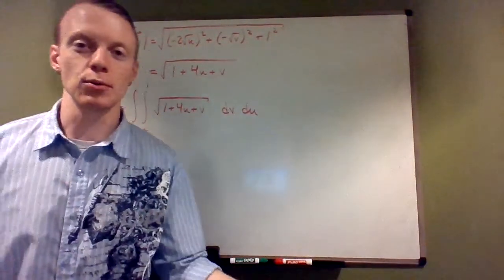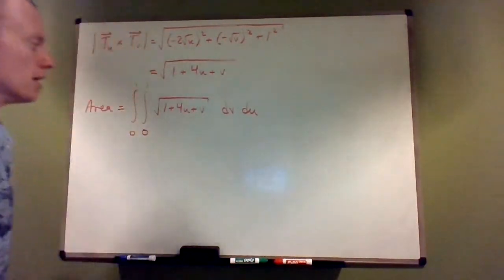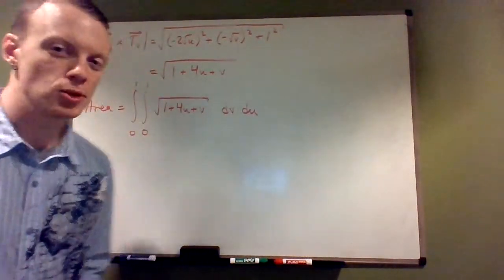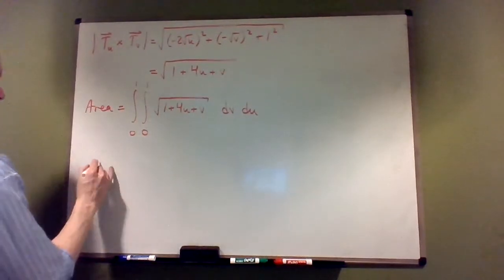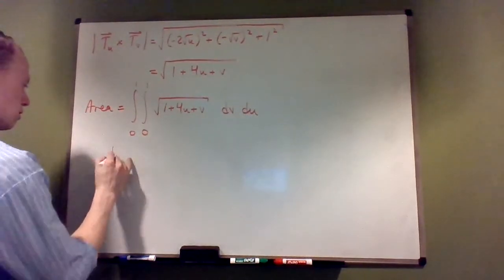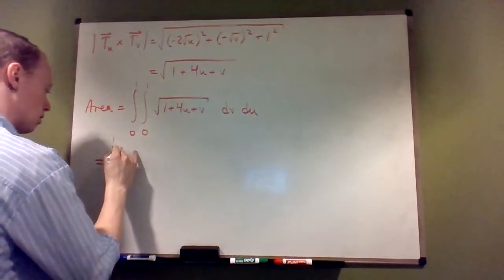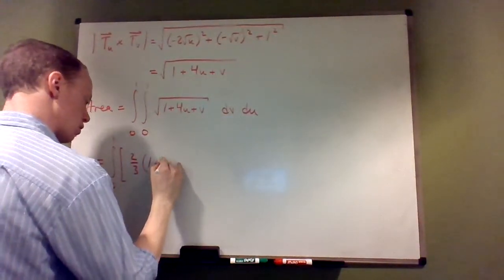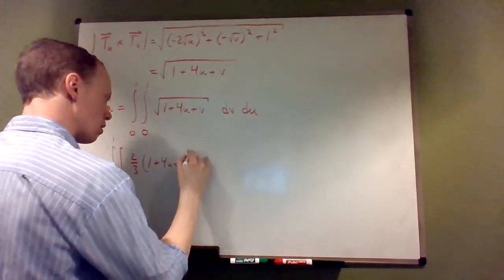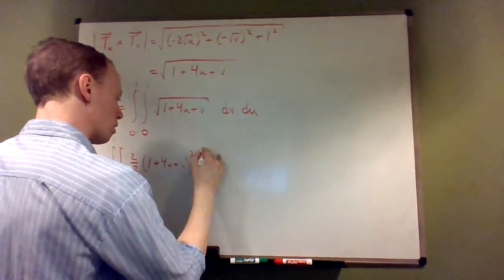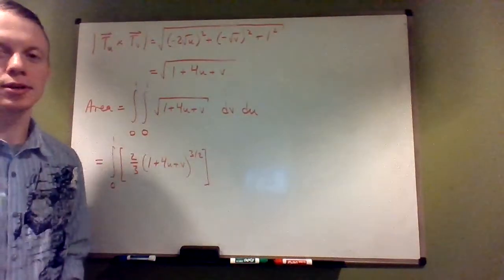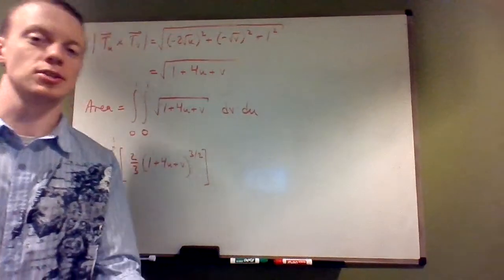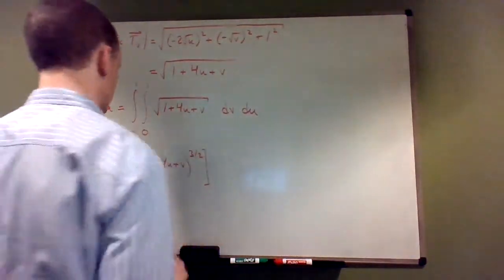So we're integrating with respect to v first. This is a very low level u substitution that's going on here. But what you're going to come up with is 2/3 times 1 plus 4u plus v, that quantity raised to the power 3/2.